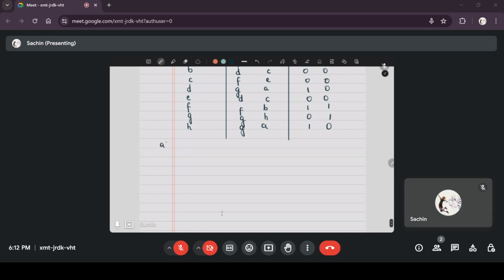There are three parts in the question. First is a state diagram. Second is the reduced state table.